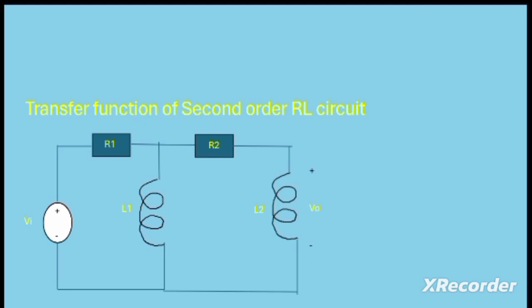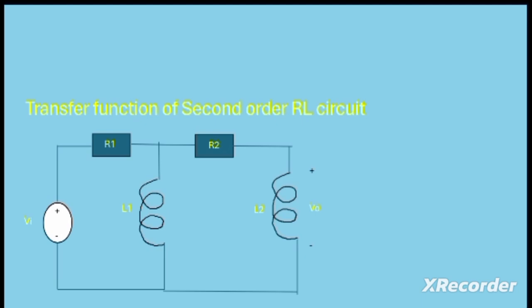is the output voltage. As we can see here, R2 and L2 are in series with each other, and after adding R2 and L2, the result will be in parallel with the inductor L1.